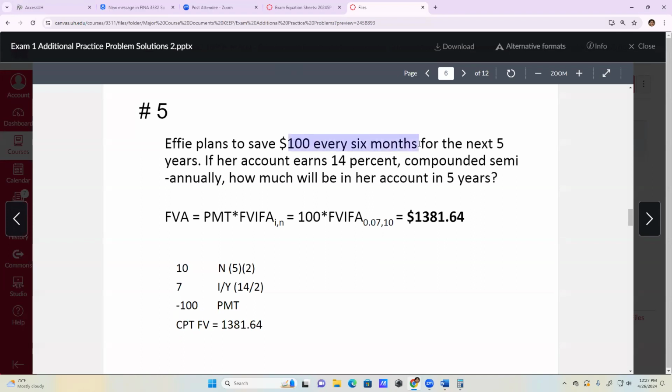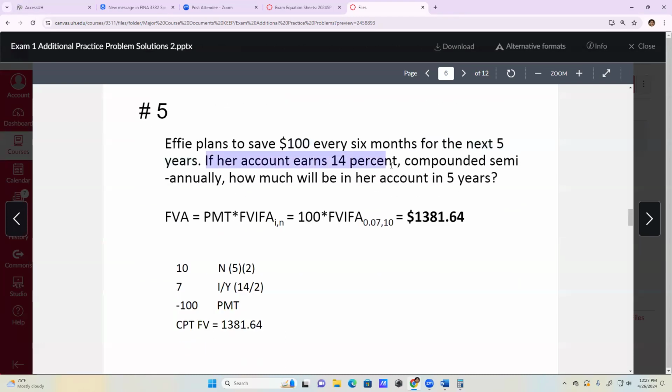I have to read more, right? For the next 5 years. All right. So every 6 months, you're gonna receive this 100. So it means that you get a payment of 100 semi-annually for 5 years. All right, this is a good practice here.